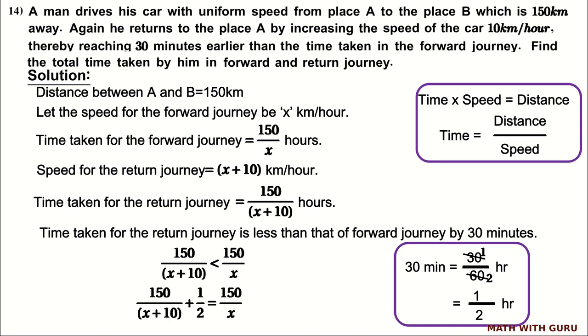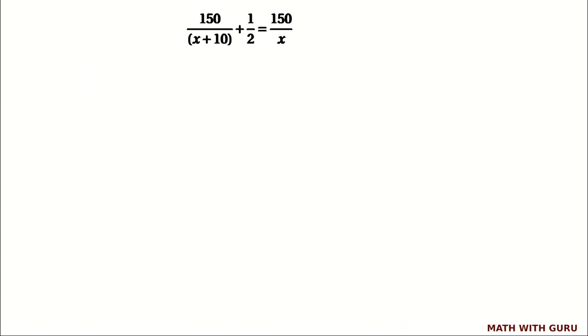Now, I am adding half to the smaller quantity. 150 divided by x plus 10 plus half equals 150 divided by x. You can also write down the equation as 150 divided by x plus 10 equals 150 divided by x minus half.